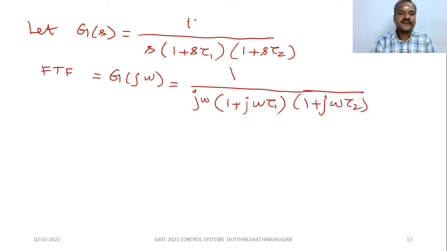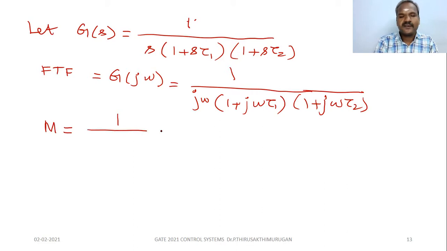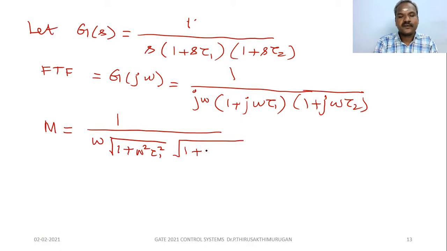Understand? So from this, what is the phase angle? What is the magnitude? Magnitude equal to 1 divided by omega times square root of (1 plus omega squared tau 1 squared) times (1 plus omega squared tau 2 squared).